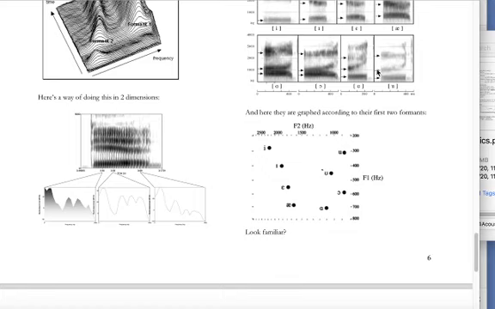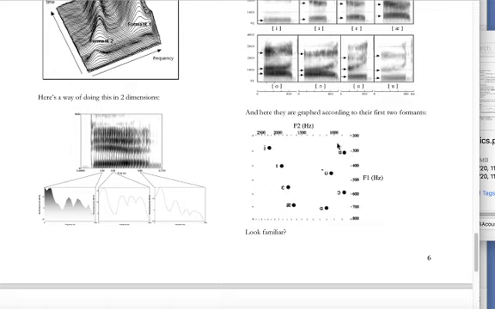And then what's its second formant? It's like 900 hertz or something. So put a dot at 300, 900. There's oo. Now do the same thing for all the other vowels. Here's the shape that you get. Does that look familiar to you? It should. This is basically the vowel quadrilateral from the IPA.